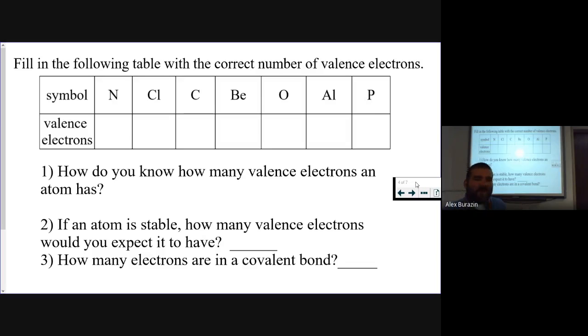So let's refresh a couple little topics first, because these are some things that we're going to need in order to be able to draw these Lewis diagrams correctly. So fill in the table with the correct number of valence electrons. Go for it. I don't think you need me. I've got 7 different elements there. If you have a periodic table nearby, please have a periodic table nearby. Write that in.